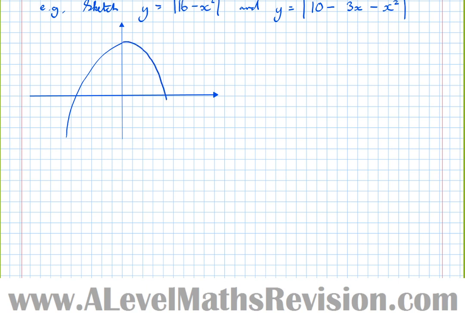It's a minus x squared graph translated upwards 16. And 4 and minus 4 are the roots. And the shape of this is really, really important. It needs to be pointy, like that. So this part needs to be reflected upwards. This needs to be symmetrical through the x-axis.